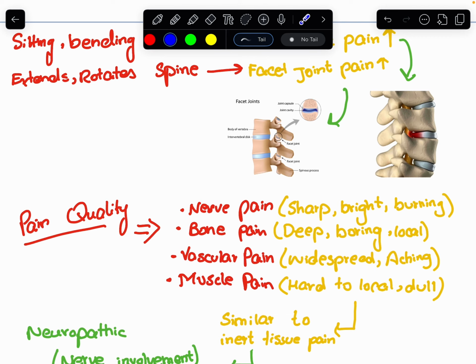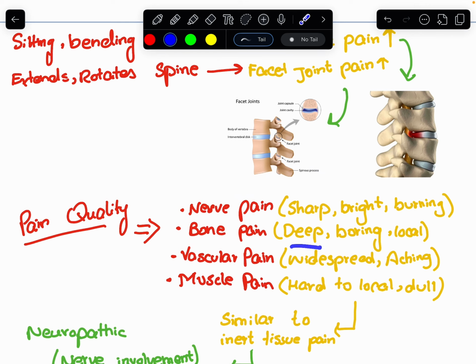If the pain is sharp, bright, burning, that means that it involves a nerve pain. Okay, there are a lot of structures in your body, nerves, bone, vessels, muscles, and all of these things present with different kinds of pains when they are disturbed or presented with some kind of discomfort. If there is a sharp, bright, or burning pain according to the patient, then the pain could be nerve pain.